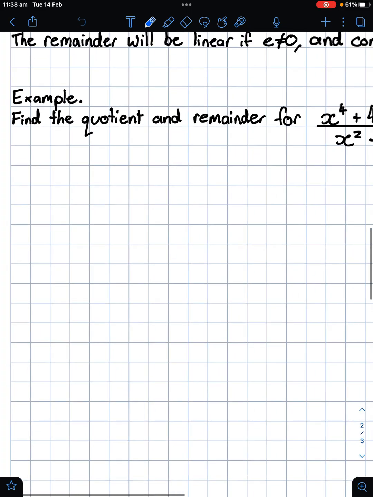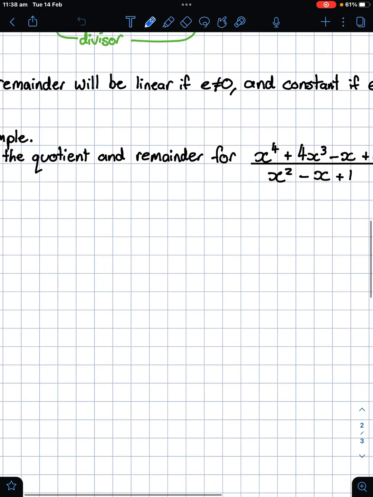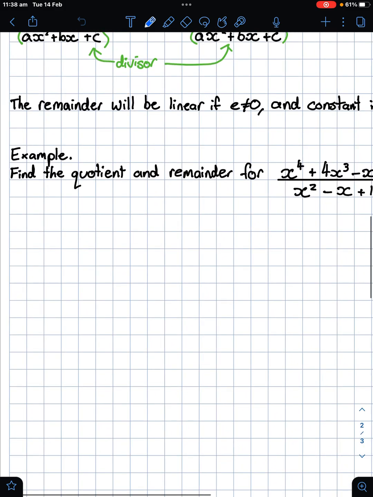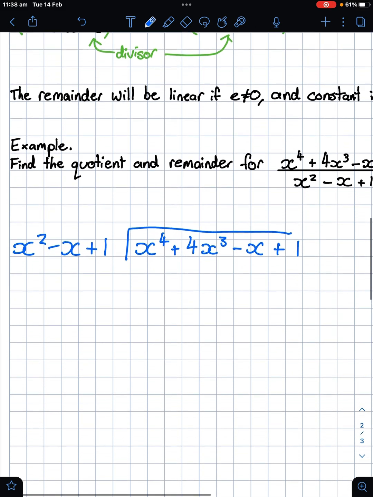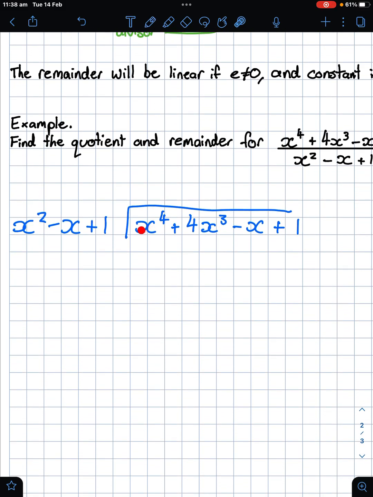So our divisor is x squared minus x plus 1, and we're dividing it into x to the power of 4 plus 4x cubed minus x plus 1. Our first step is to consider this x to the 4. What times x squared will give us x to the 4?